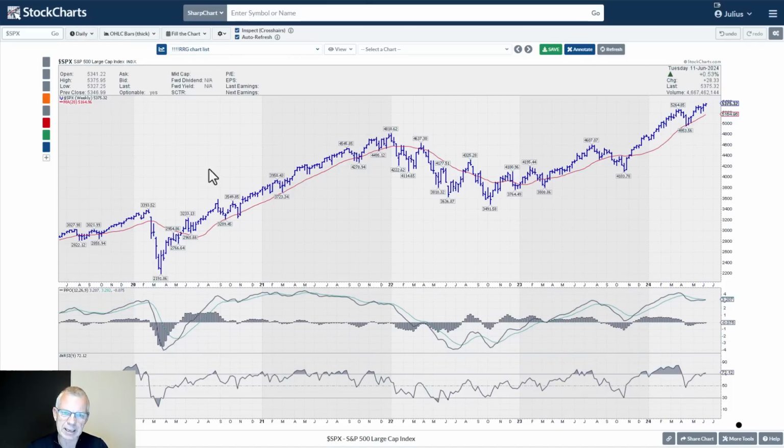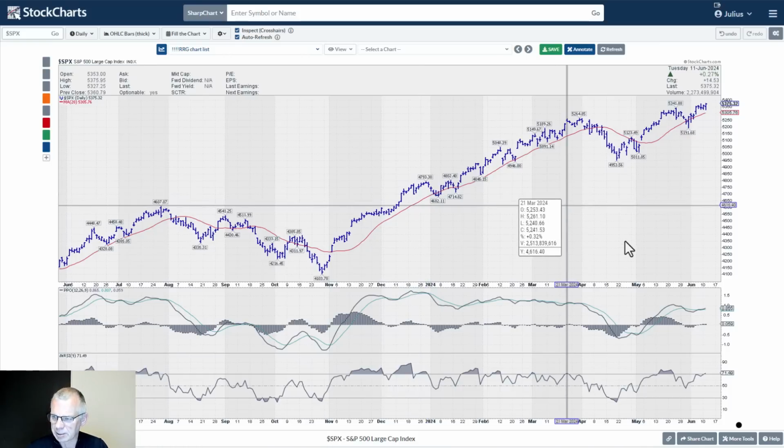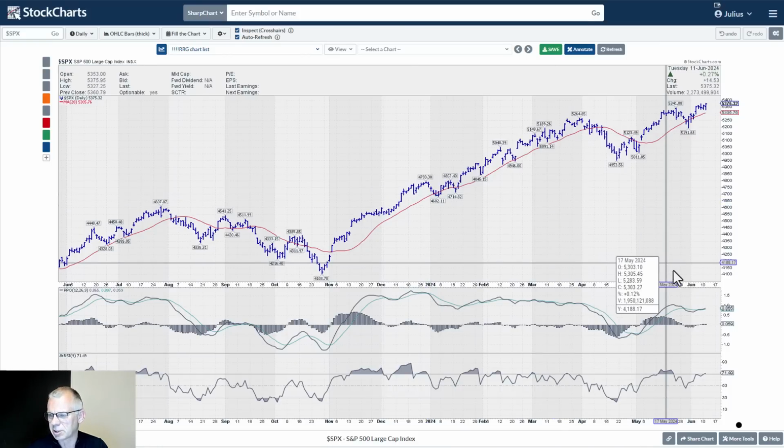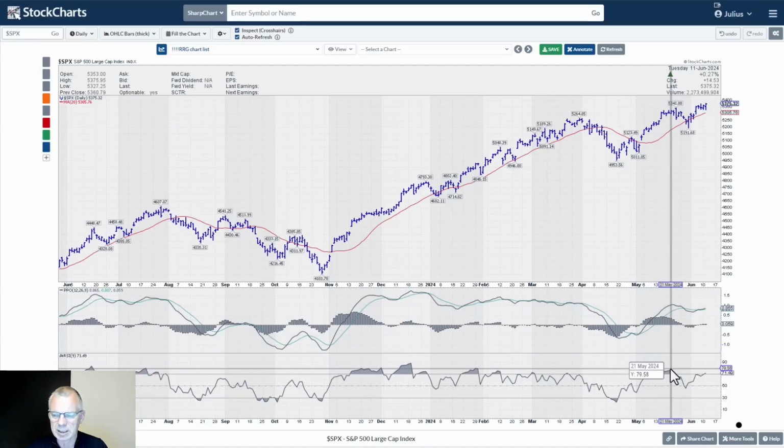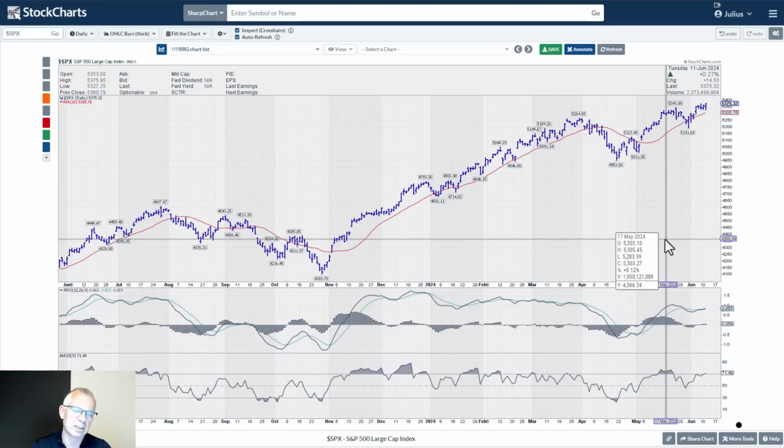And if we bring that to a daily, we will see a little more detail, but the situation is the same. The PPO is not yet able to confirm that high in price with a new high in the PPO levels, nor is the RSI able to peak above its previous peak, so potentially putting in negative divergences.